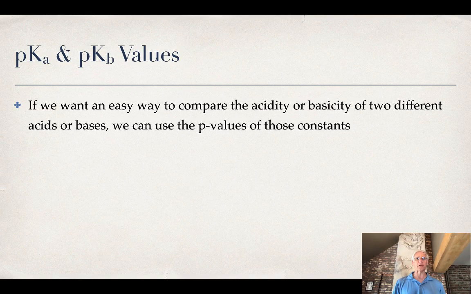Now, we saw that when we were dealing with hydronium ion concentrations and hydroxide ion concentrations that were fairly small, we found an easy way to work with them using pH. It turns out we can use that p calculation for Kas and Kbs to compare the acidity or basicity of different acids or bases. Or even as you go more into organic chemistry and biochemistry, where you have really large molecules, you may want to compare the acidity of a hydrogen in different parts of a single molecule.